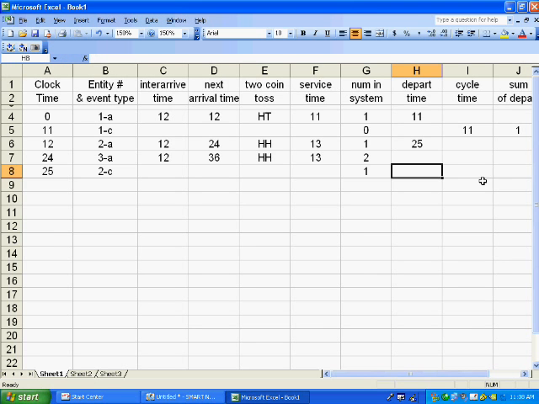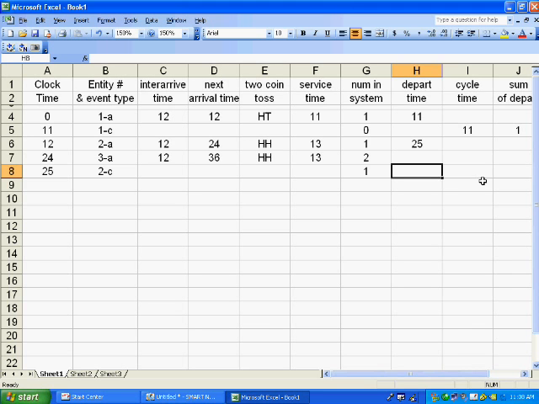At this point, we can calculate: this entity leaves the server, the next entity goes into the server. So now we can calculate when that entity is going to depart. Entity number 3 has gone into the server. The service time of entity number 3 was 13 minutes.